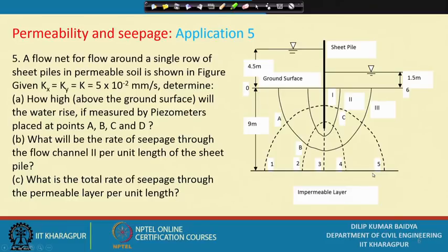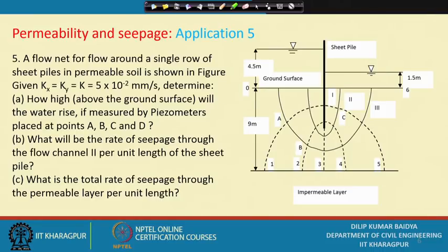Question number 5. In this you can see the application of a flow net. A flow net around a single row of sheet piles in permeable soil is shown in the figure, given kx equal to ky equal to 5 into 10 to the power minus 2 millimeter per second.